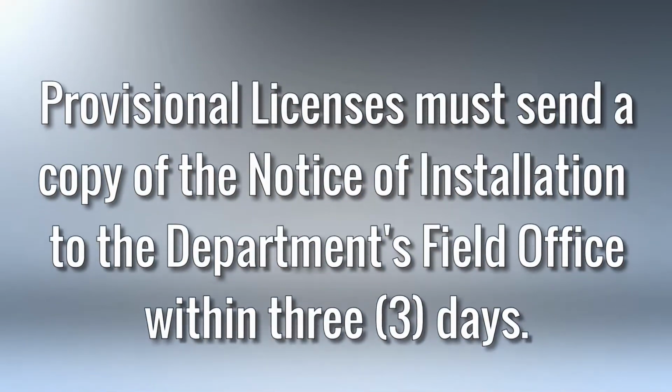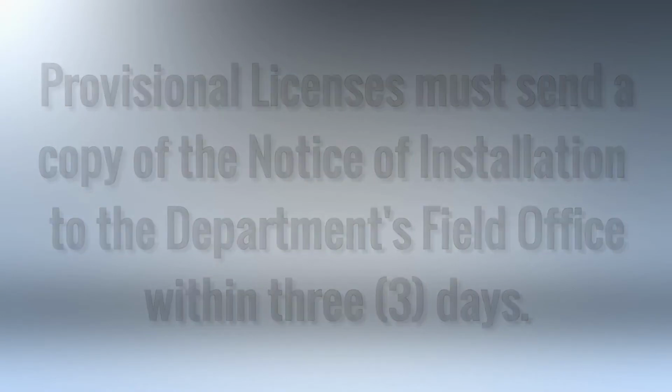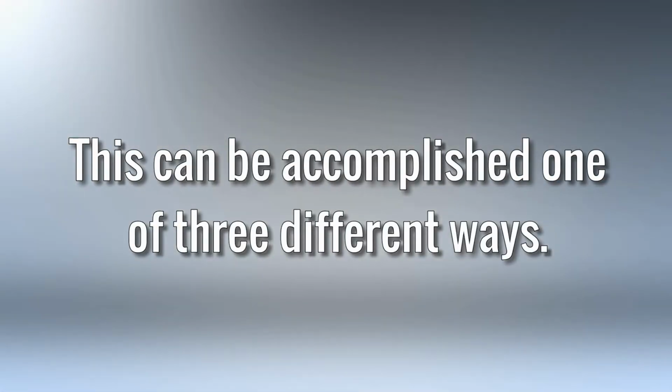If you have a provisional license, you must also send a copy of the Notice of Installation to the department's field office within 3 days of the installation to ensure a timely inspection may be conducted. This can be accomplished one of 3 different ways.